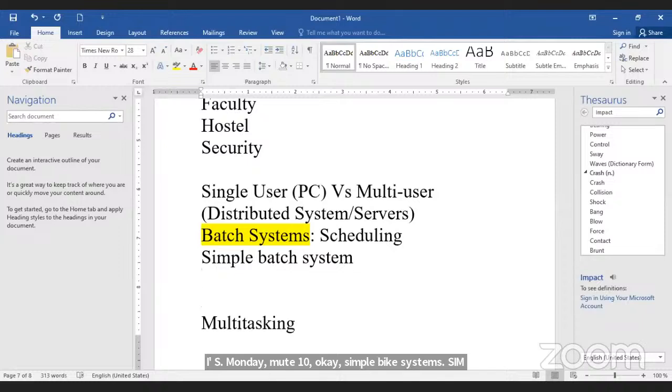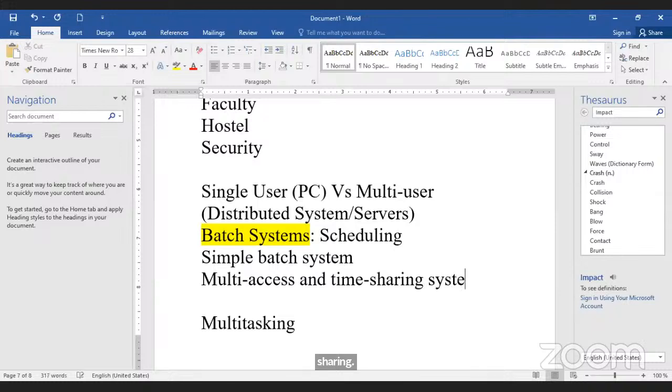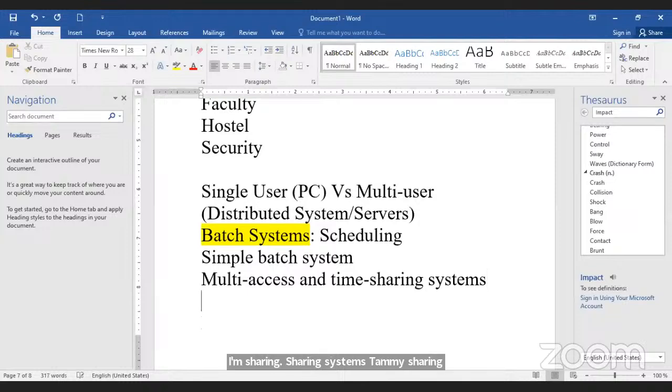We have what's called multi-access, and time sharing systems, time sharing system. Then we have real-time system.